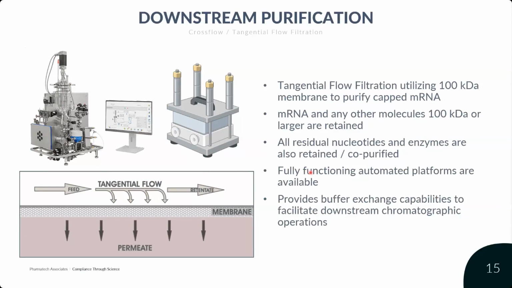There are two modes of filtration that are frequently employed. You are probably familiar with dead-end filtration, which is running the flow perpendicular to your filtration membrane. But as you can likely guess, as you filter more and more substances over time, this membrane can certainly become fouled.